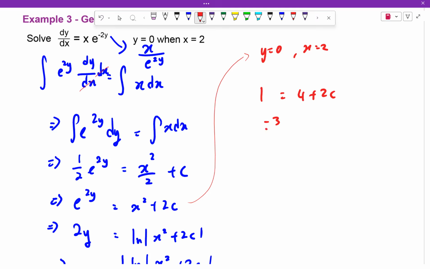So it will be negative 2 over 3, negative 3 over 2. Yep, negative 3 over 2, that is equals to c.